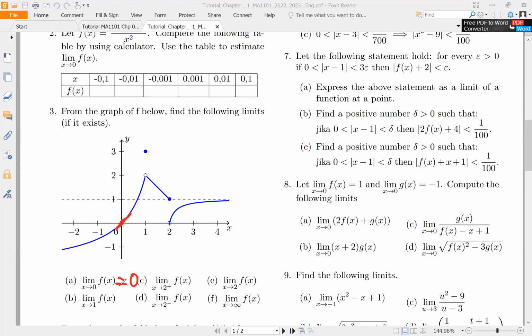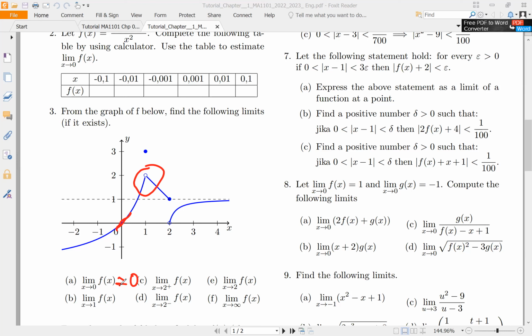Now let us consider part B. In part B, the question is to find the limit as x tends to 1 of f(x). Here, the function is not continuous at 1, unfortunately, but you may take a look at the behavior of the function around x equals 1.